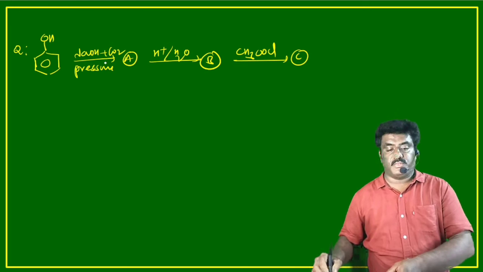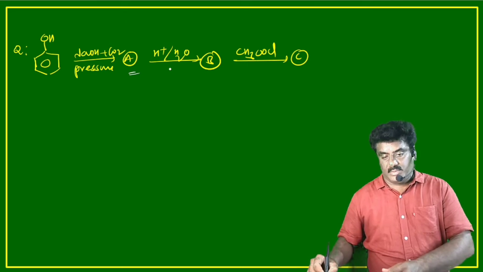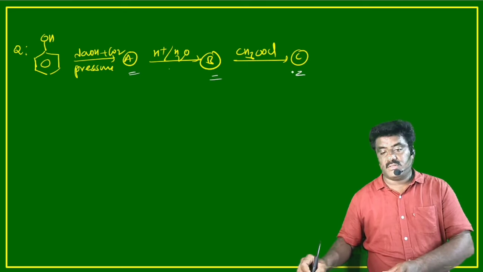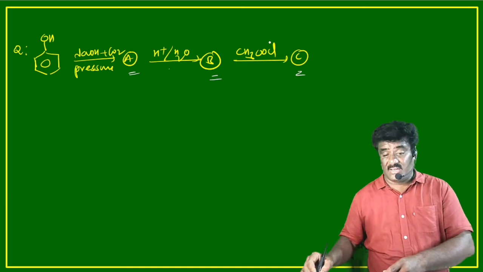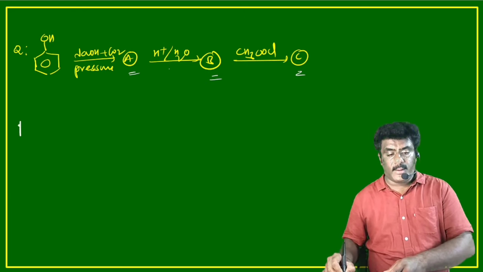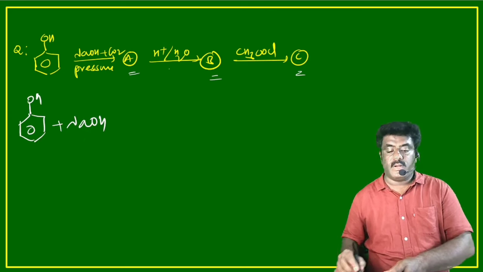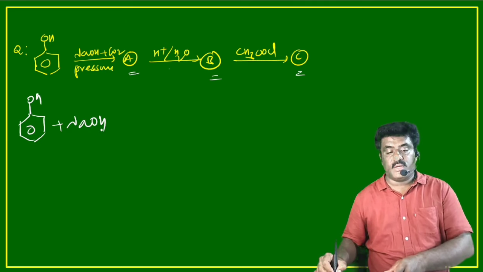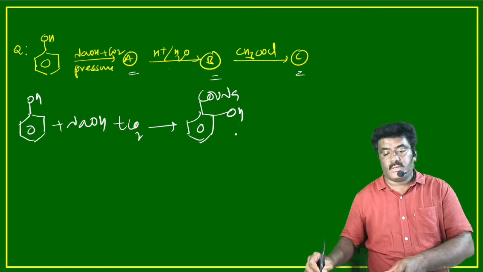Look at the question. Phenol with sodium hydroxide and CO2 under pressure gives A. In presence of H plus, it gives B. In presence of acetyl chloride, it gives C. Phenol with sodium hydroxide forms sodium phenoxide; in presence of CO2 it forms the sodium salicylate, COONa and OH.